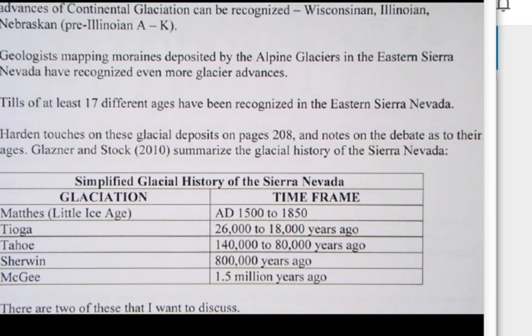So there are some relative techniques, though not all of them work well. Another method is to walk along a moraine crest with your hammer and hit the boulders. If the boulders sound hard, giving you a whack sound, then it's probably pretty young. It hasn't been exposed to weathering very much.